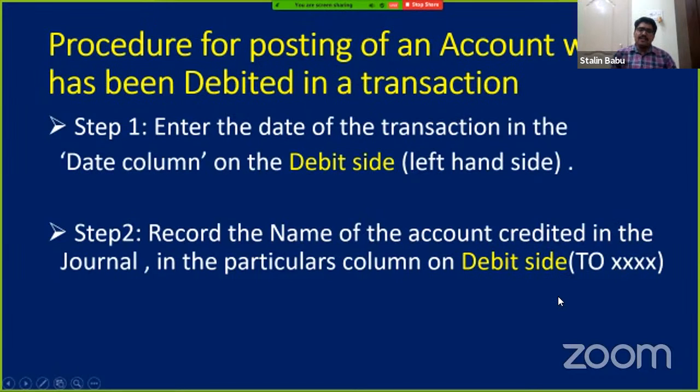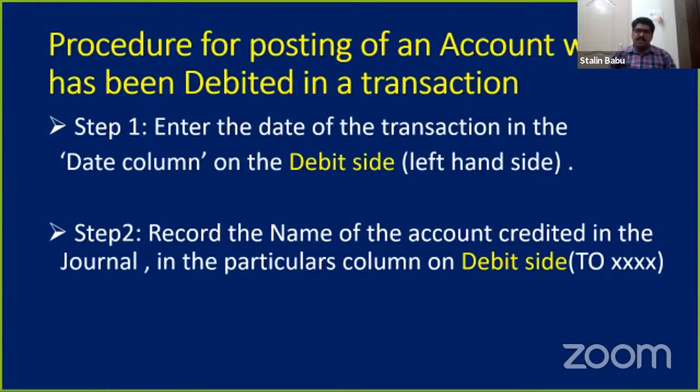What is the third column? The JF column. What does JF mean? JF means journal folio number, that is, from which page of the journal this account is recorded here. It is recorded in real-time accounting only.